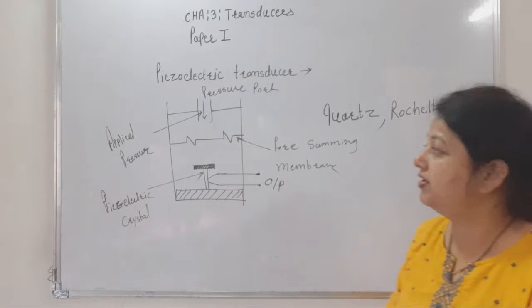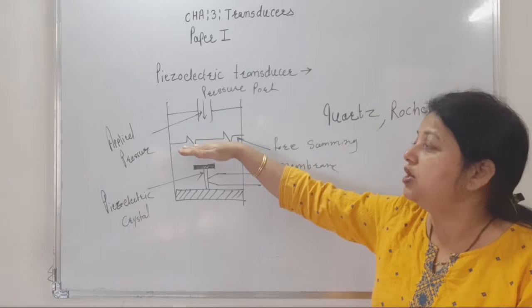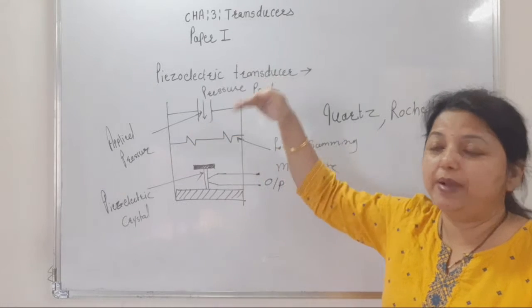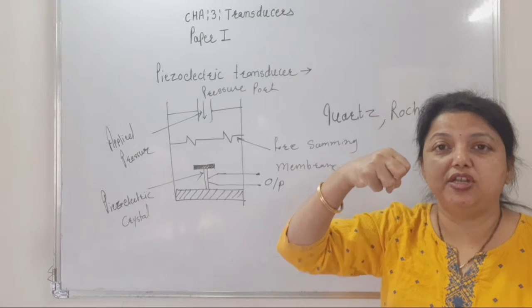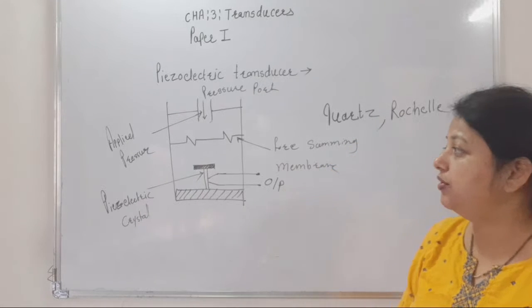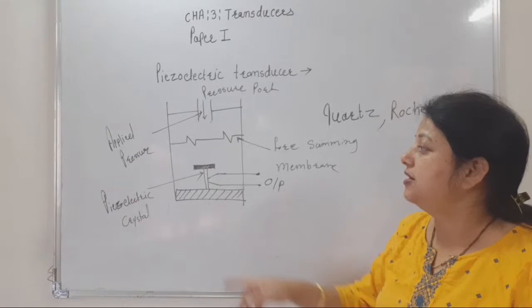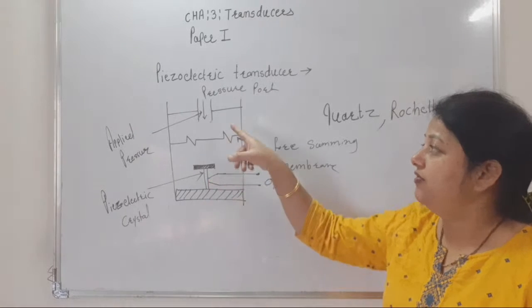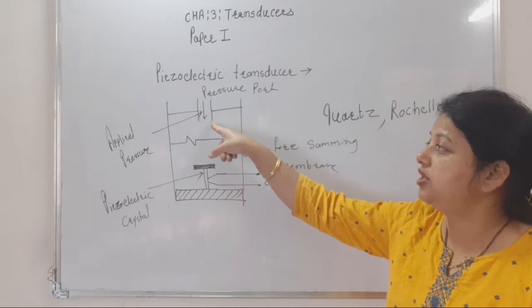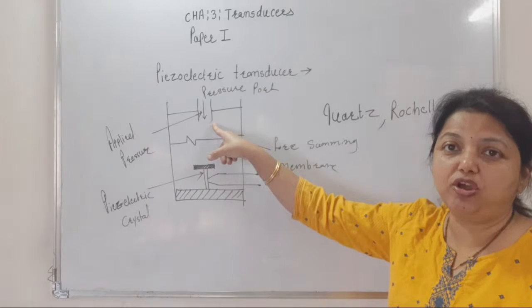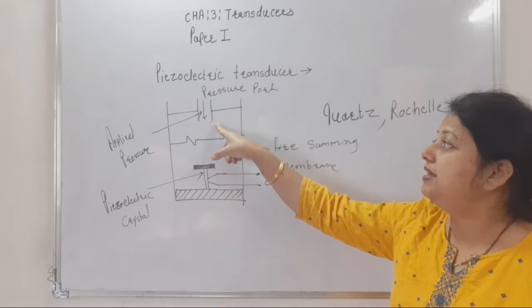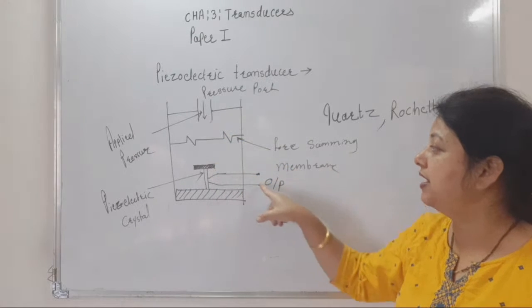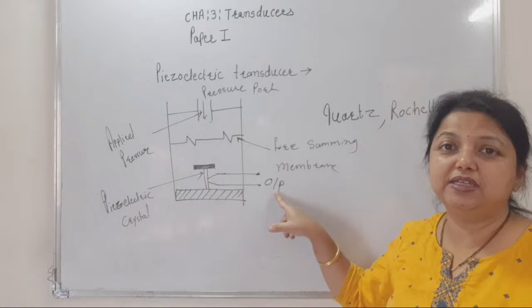Directly the crystal, pressure is not applied. Through the force summing membrane we apply the pressure to this pressure port, or we apply the tension also. In any direction we are going to apply the pressure on this crystal, and whenever pressure is applied, what is the input quantity? Pressure, that is the non-electrical quantity, or you may say that displacement, that non-electrical quantity, and at the output there is an electric current.